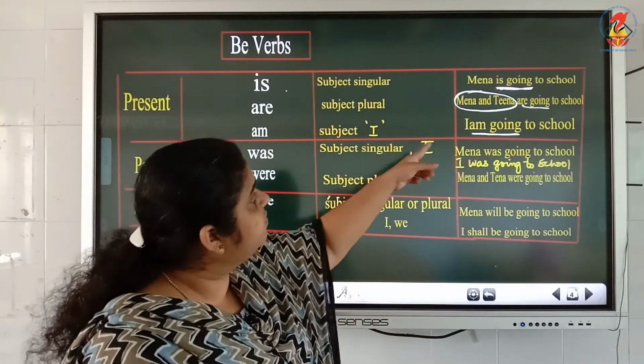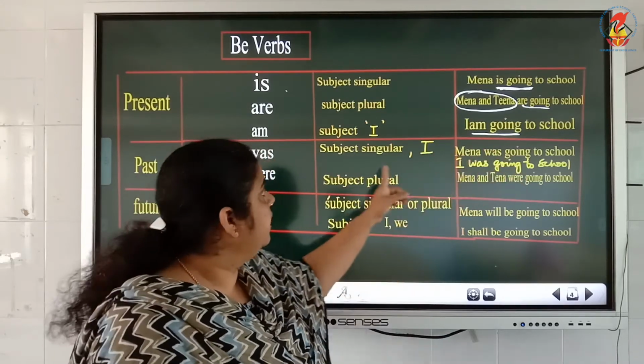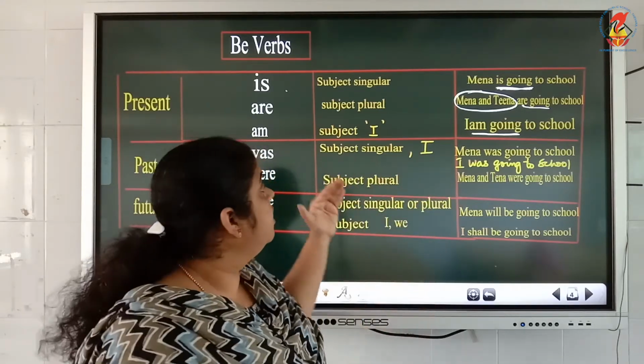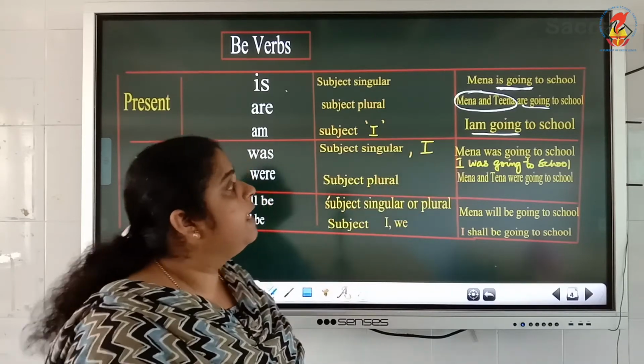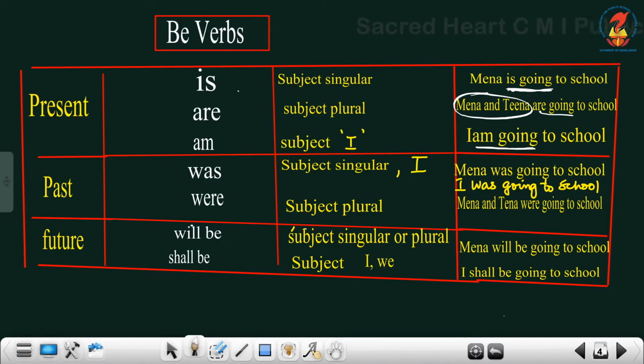In the other case, we had a special verb for I, am. Here, if the sentence is in past tense and the subject is singular or I, we use was. Meena was going to school, and we don't say I were going to school. I was going to school, isn't it? So, with singular subjects as well as with I, we use was.